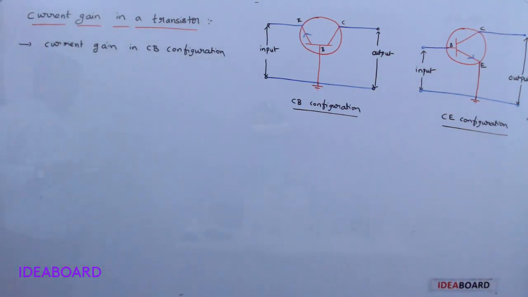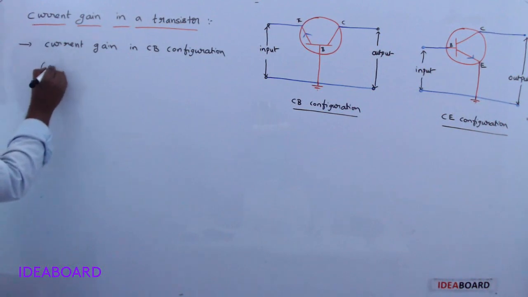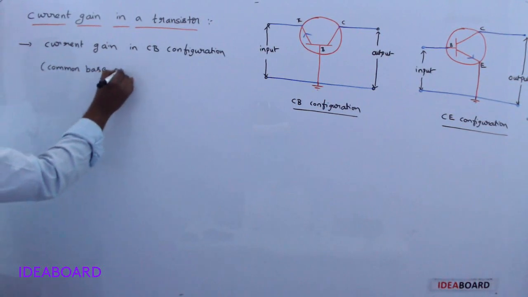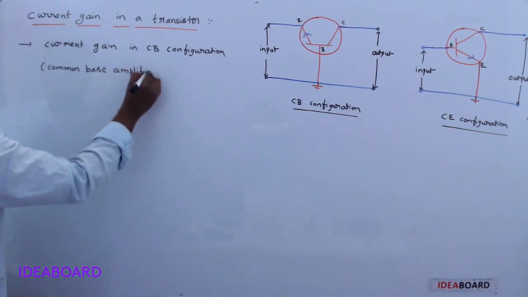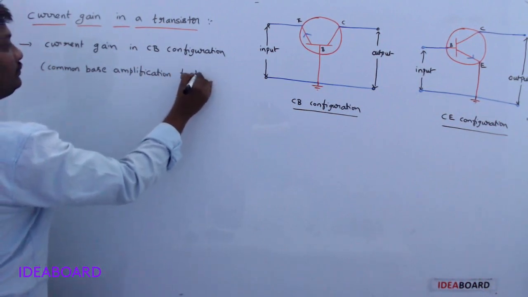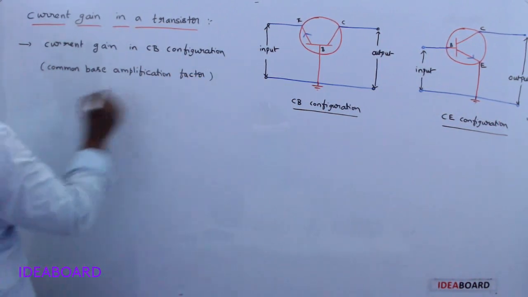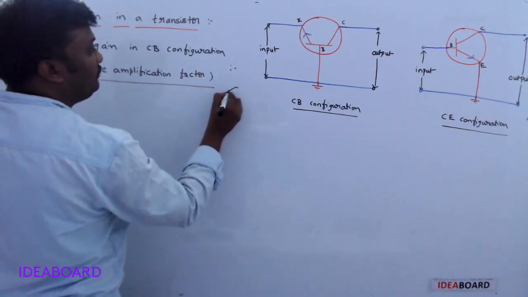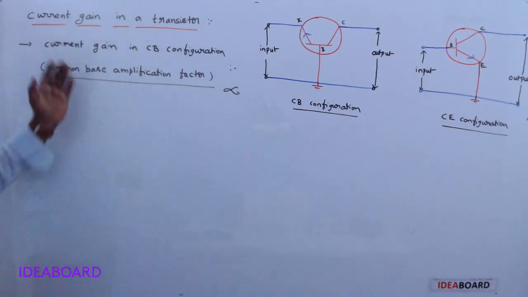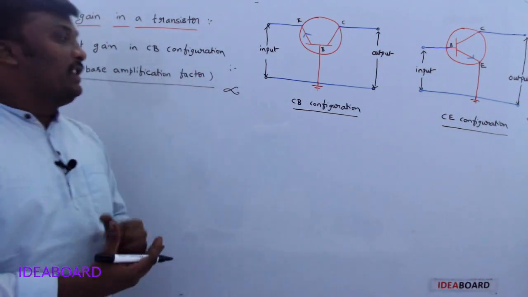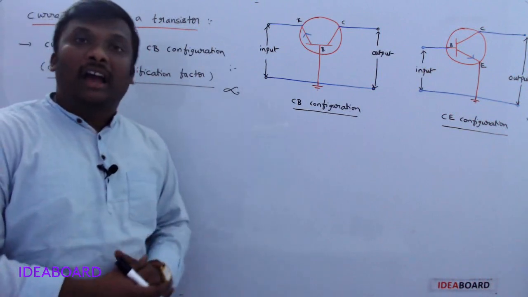Another name is there, common base amplification factor. This is denoted by alpha. Current gain in CB mode, another name is common base amplification factor. It is denoted by alpha.